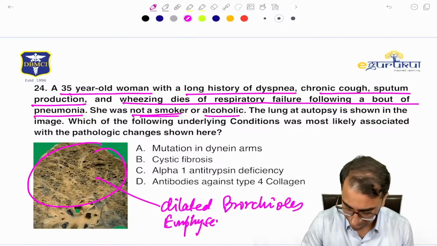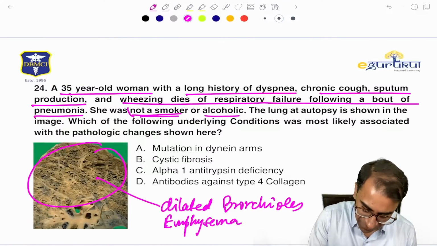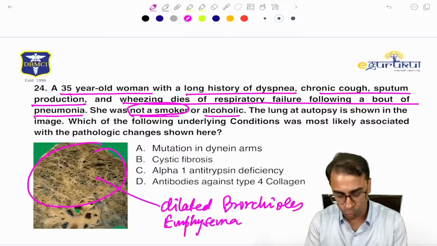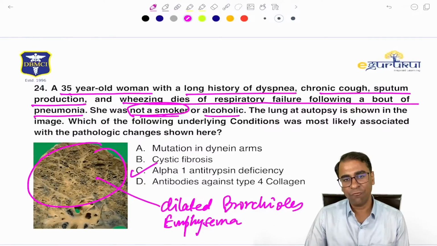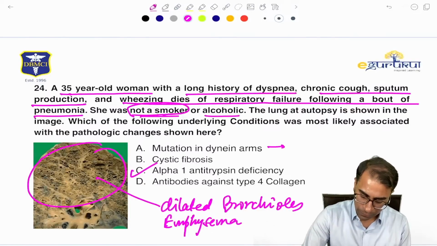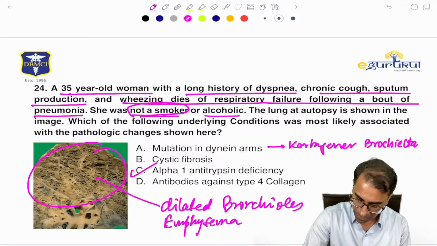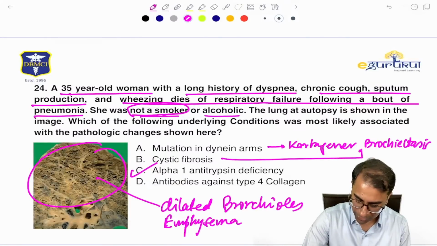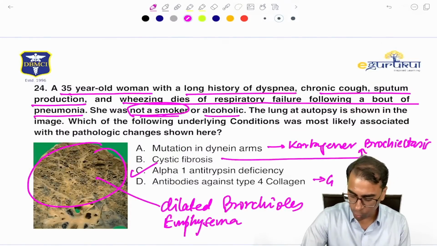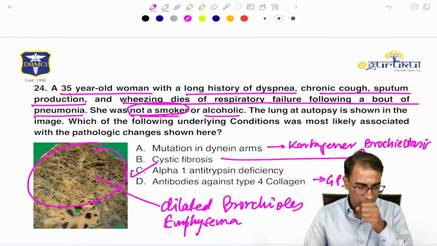Because it's a case of emphysema, and the patient is a non-smoker, you have no other way but to choose what? Alpha-1 antitrypsin deficiency. The first option shows Kartagener syndrome, which will be seen in a case of bronchiectasis. Even cystic fibrosis will show bronchiectasis. This shows Goodpasture syndrome.